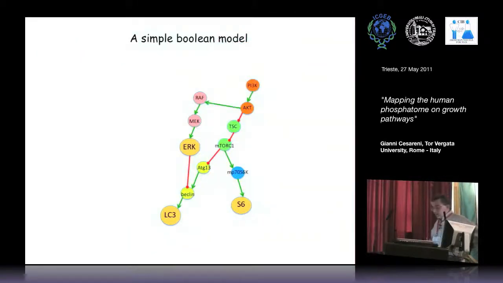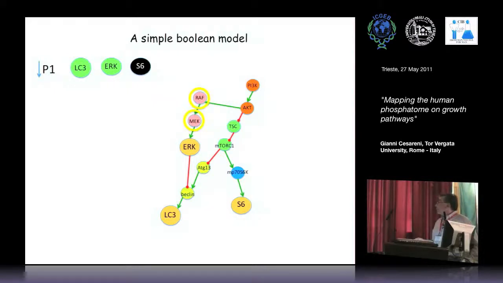Since our analysis is not looking at a single readout but is a multi-parametric readout, we can try this type of reasoning. Let's suppose that we have a phosphatase like P1 that affects the readout of LC3 and ERK, but does not affect S6. If you look at this even simpler representation of the RAF pathway and its interconnection with the PI3K AKT pathway, you can convince yourself relatively easily that this phosphatase must in some way interfere with these two nodes here.